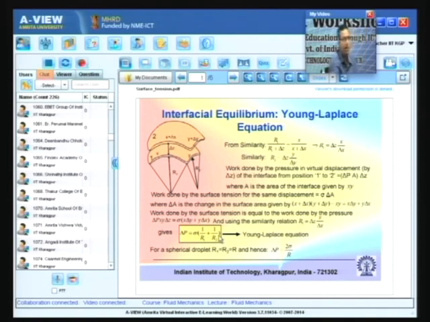This is a very important equation, known as the Young-Laplace equation. Now, let us consider two examples: a spherical droplet and a spherical bubble. For a spherical droplet, all the radii of curvature are the same, so r1 is equal to r2 is equal to r, and therefore delta p is equal to 2 sigma by r.